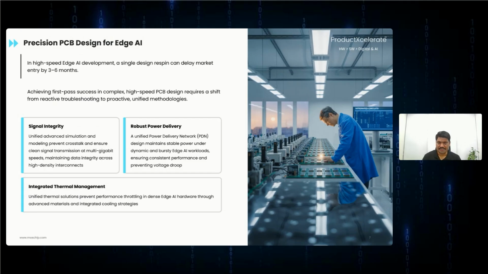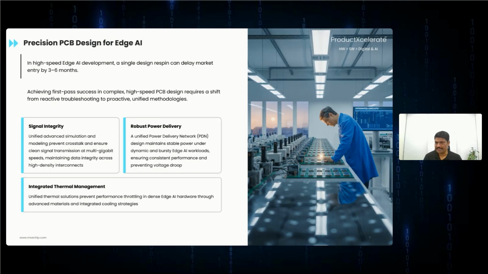Without unification, each team optimizes in isolation. SI works in one corner, thermal in another, power in another, and when it all comes together, the eye diagram is closed, the PDN collapses under load, and your pilot board is suddenly a 6-month respin. With unified design, these trade-offs are balanced upfront. The eye diagram is simulated before the PCB fab.